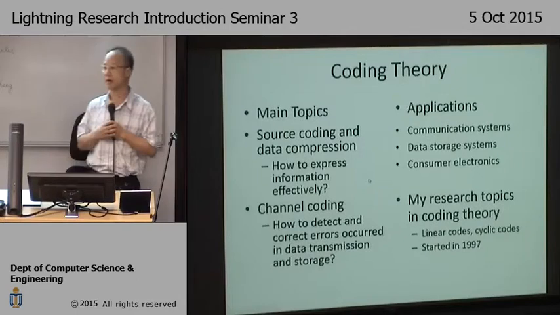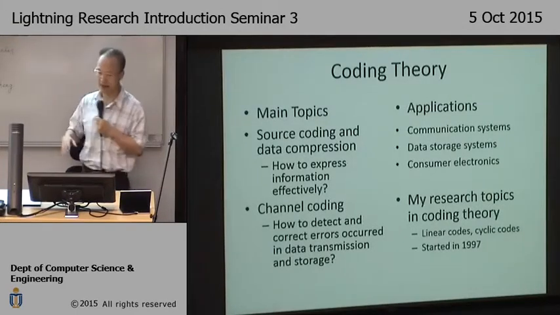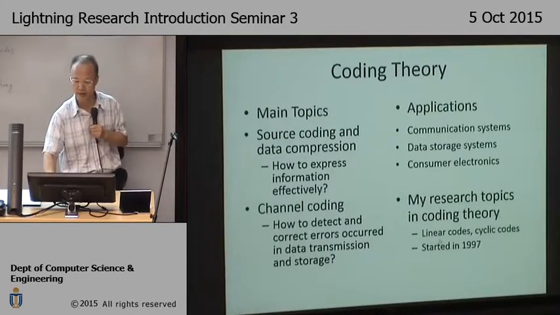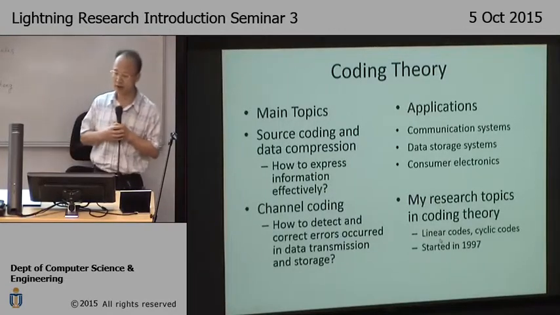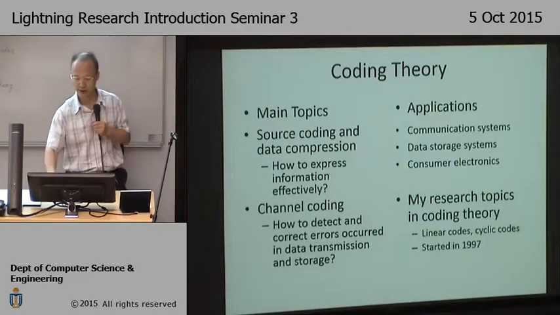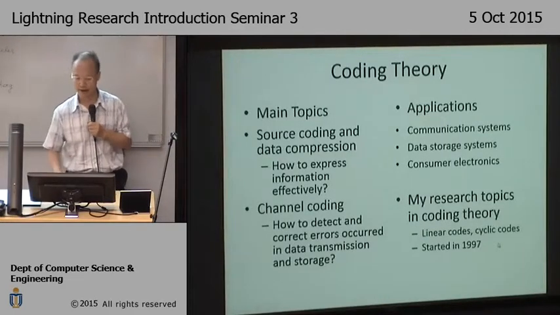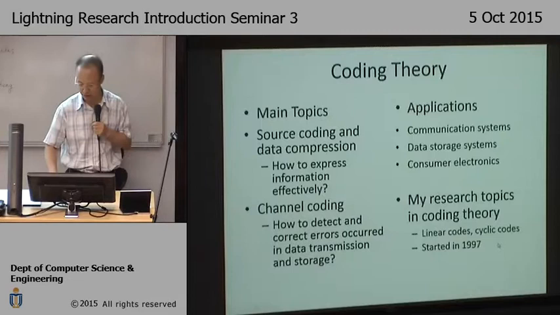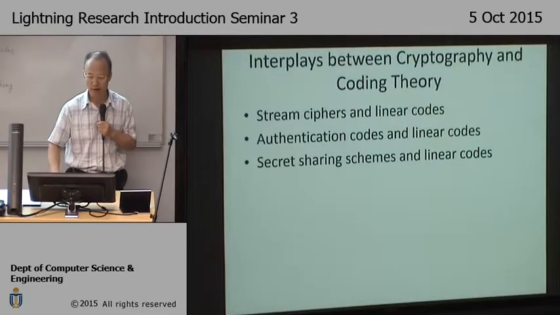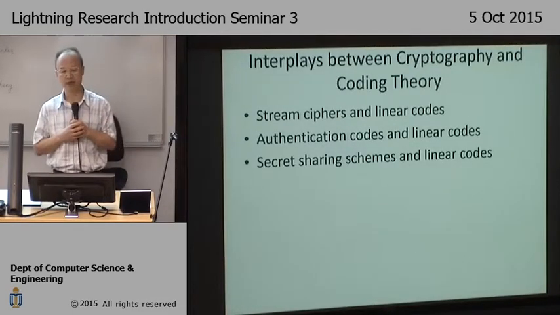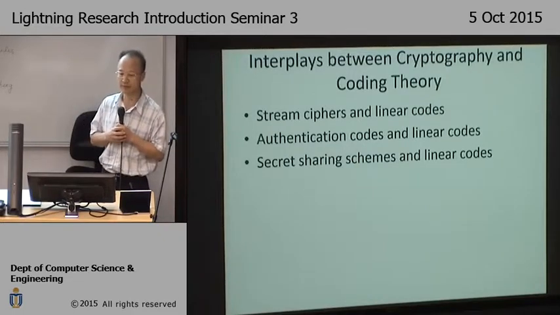Within coding theory, I work only on some sub-areas. Basically, I work on linear codes and especially cyclic codes. I started working on coding theory about 20 years ago. As I mentioned earlier, sometimes I worked on interplays between the two areas.